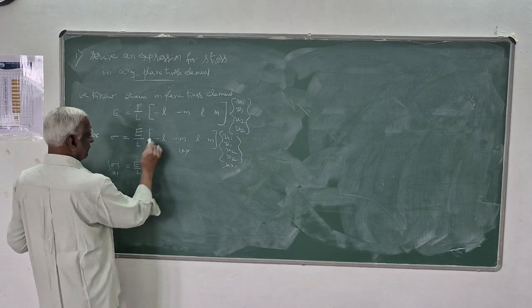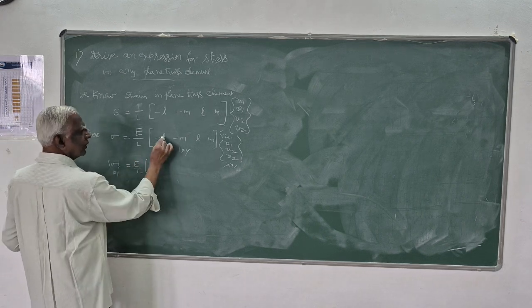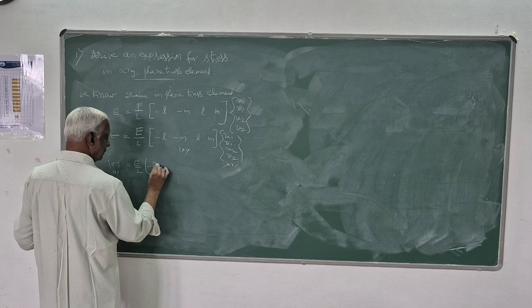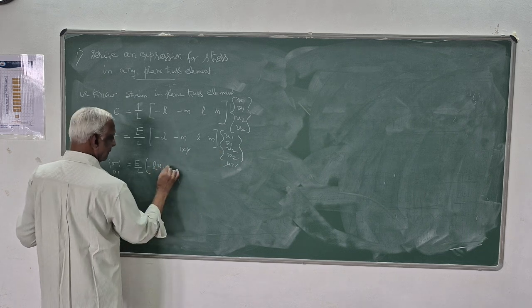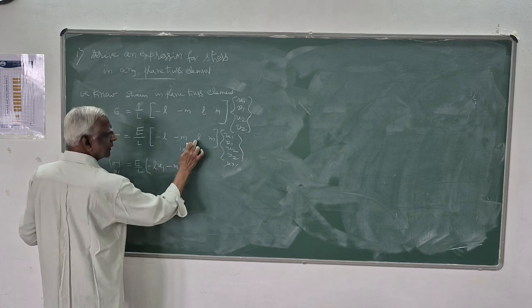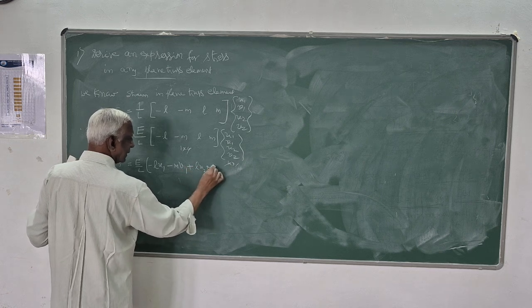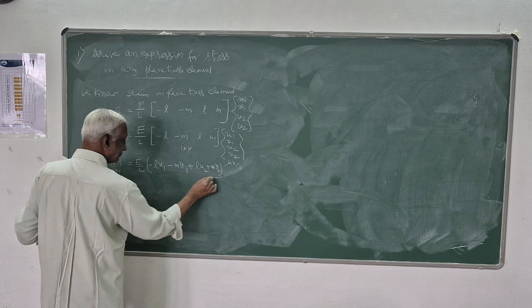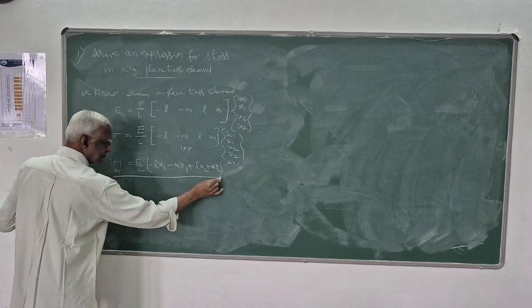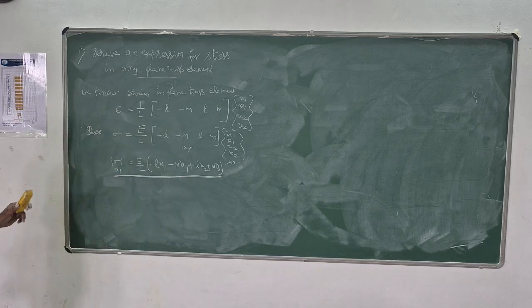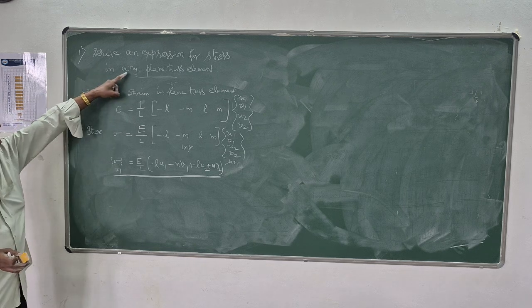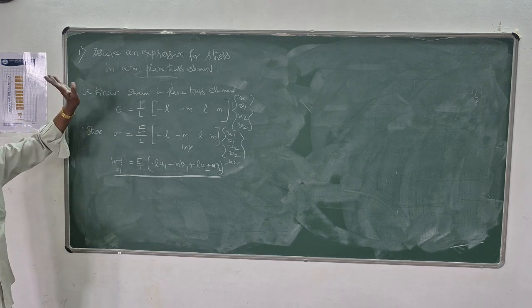So this is E by L into minus l u1 minus m u1 plus l u2 plus m v2. This is the expression for stress in any plane truss element.